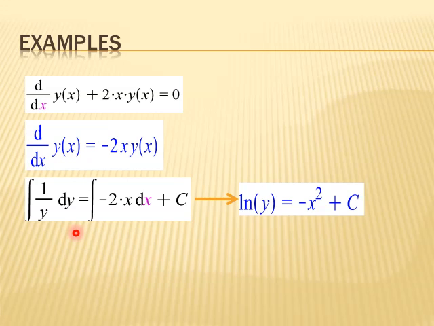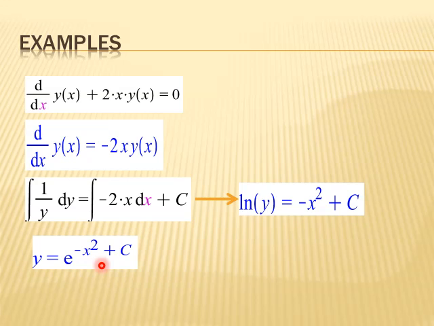I should say, based on integrating independent variables, you will get a constant c. So I still have to solve for the function y, so I take the exponential of both sides. In doing that, I come up with this definition of y, with minus x squared plus c in the exponent of e.